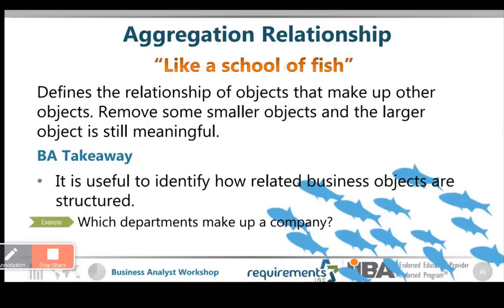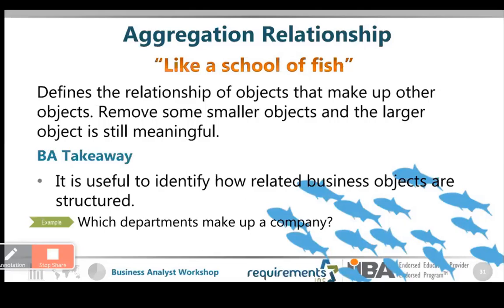Now, in this case, if you remove one of the departments, the company still exists, correct? A small company only has a few limited departments, right? You take away a department and the company is still a company. Nothing different about it, correct?